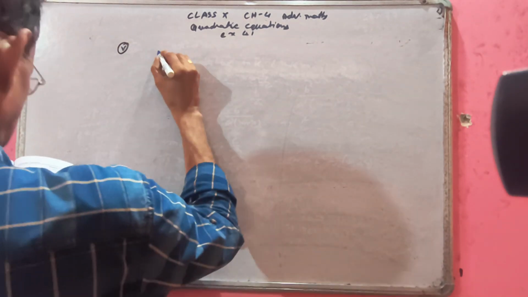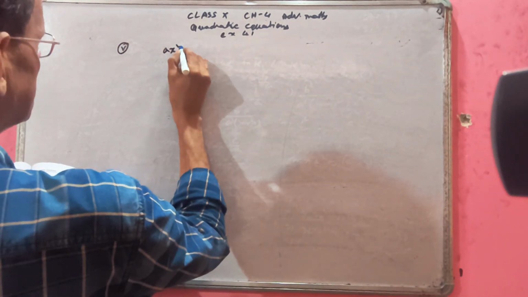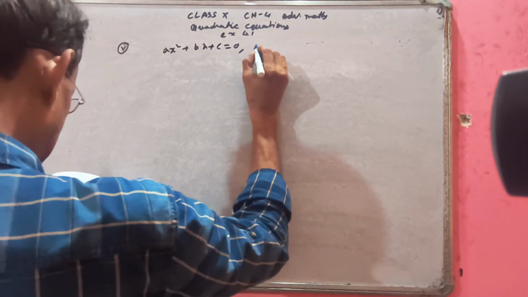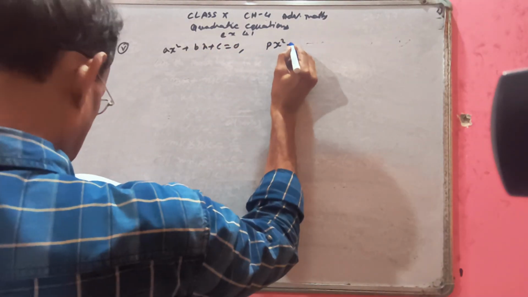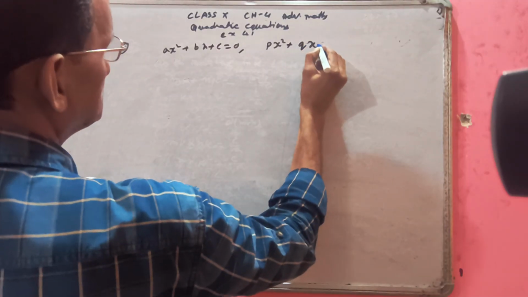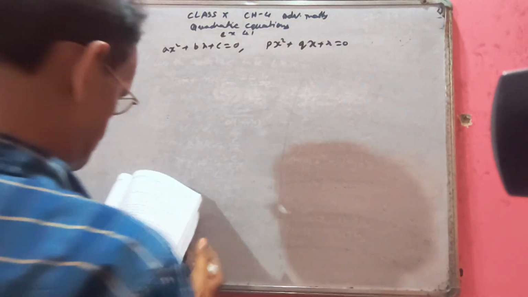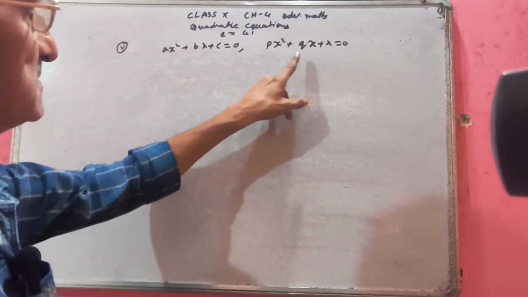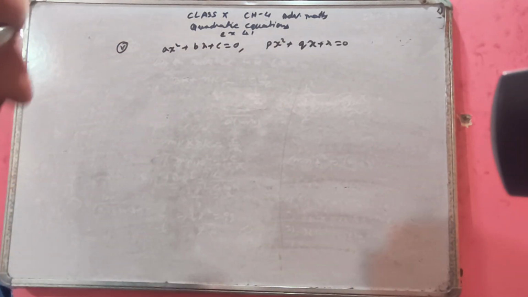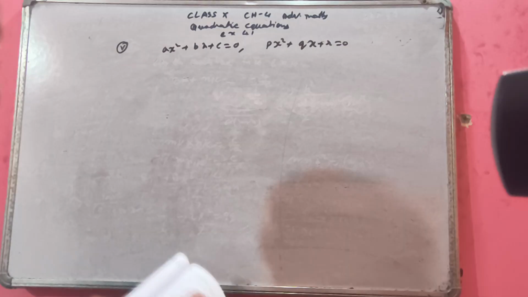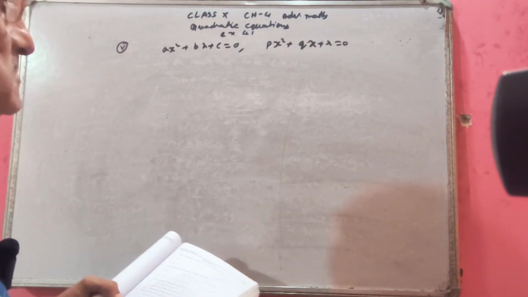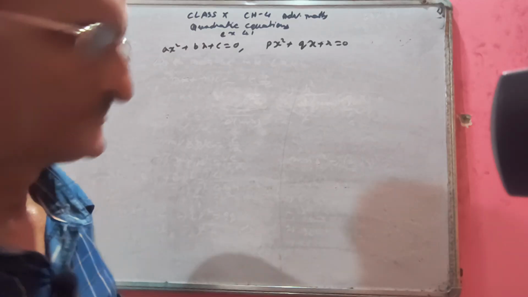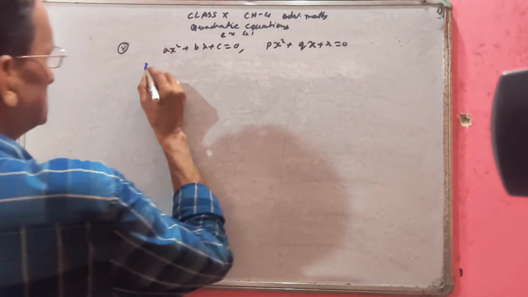Two equations are ax square plus bx plus c equal to 0 and px square plus qx plus r equal to 0. Both these equations have a common root. So now you have the idea about common root.